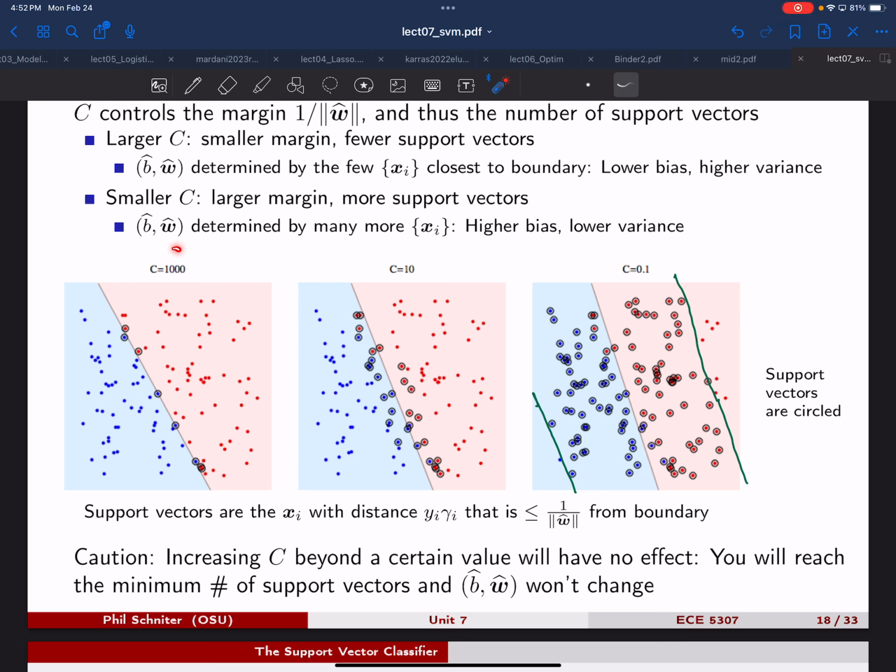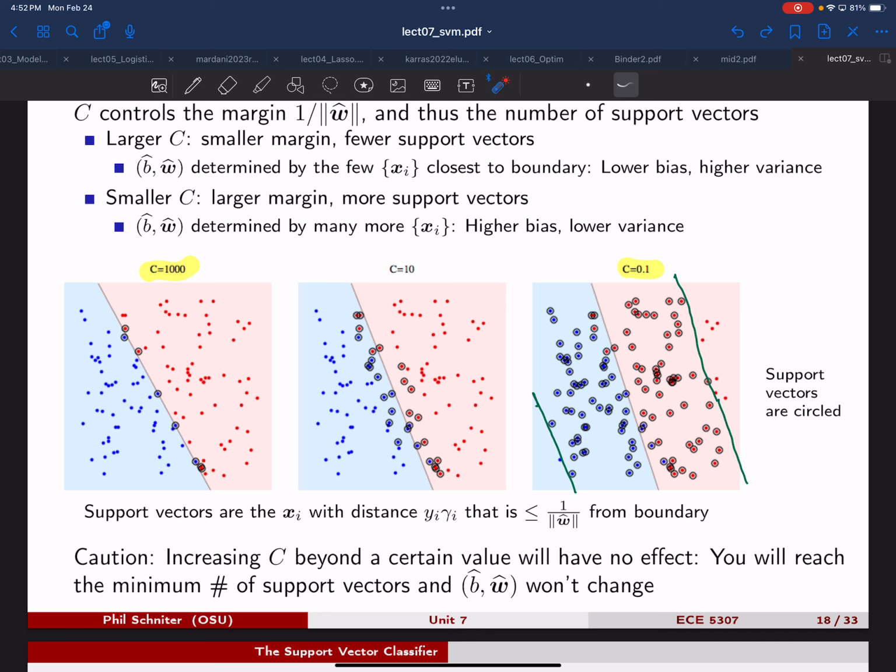At the other extreme, you can see that we have a very narrow street. It's hard to tell exactly, but I don't know if this blue point here is on the wrong side of the boundary. Maybe it is, and it might be making an error on that blue point.